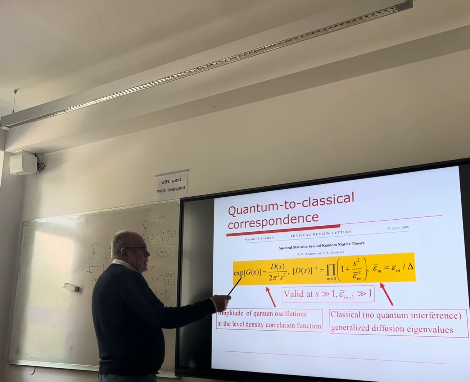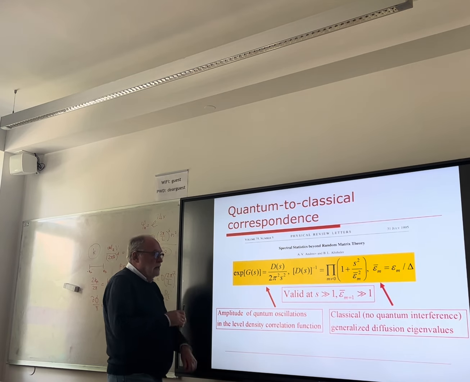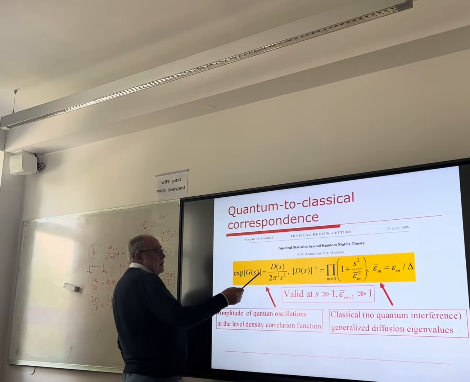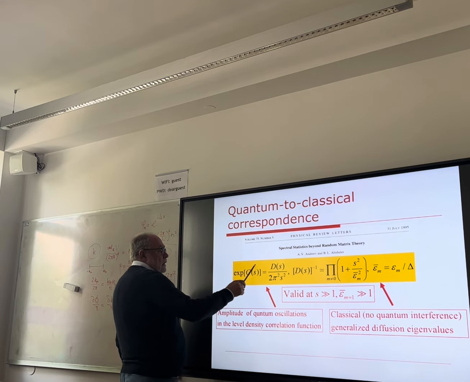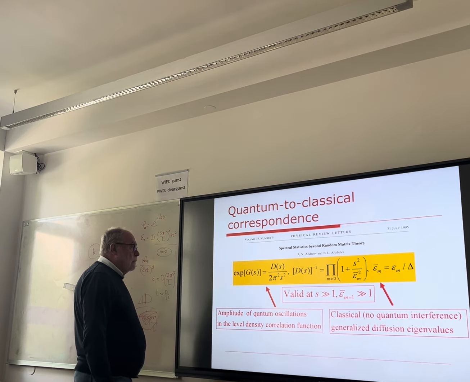So it is this formula why I'm saying it is philosophical, because it relates the classical stuff where no interference is present with the quantum stuff where interference is fully there.